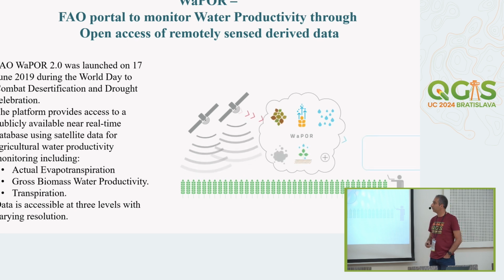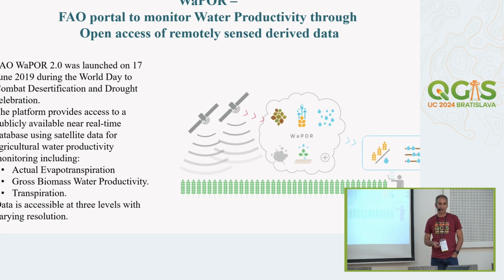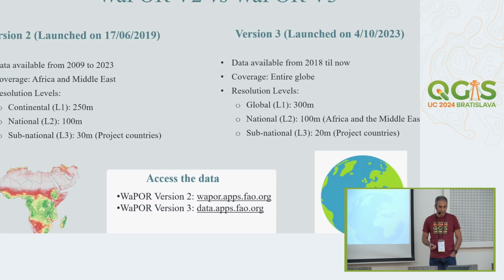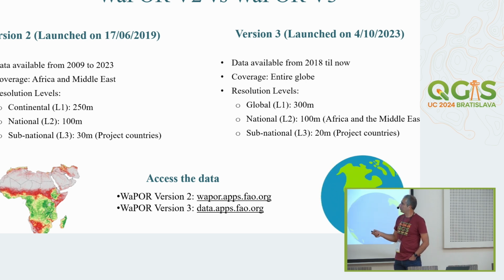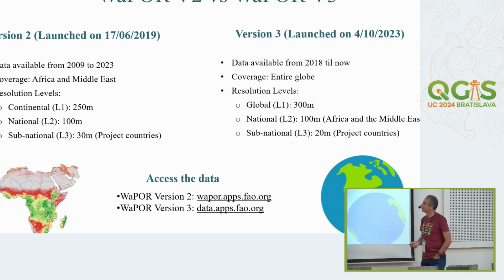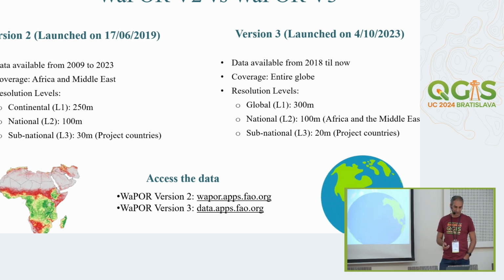And the data has been provided at 3 different resolutions called levels 1, 2, and 3. And version 2 had data available from 2009 to 2023, and it covered only Africa and the Middle East.